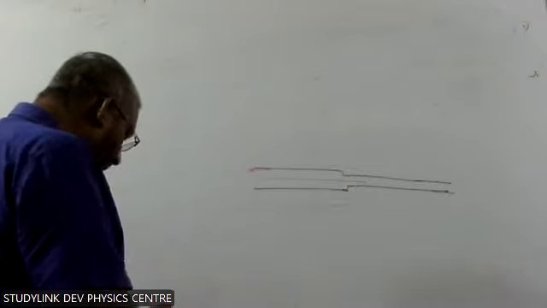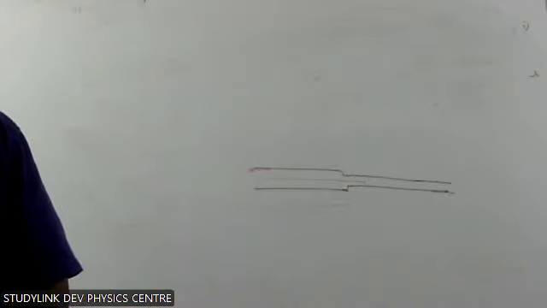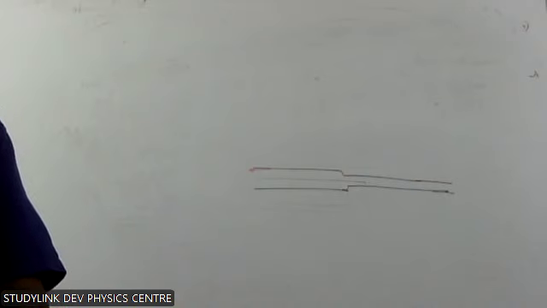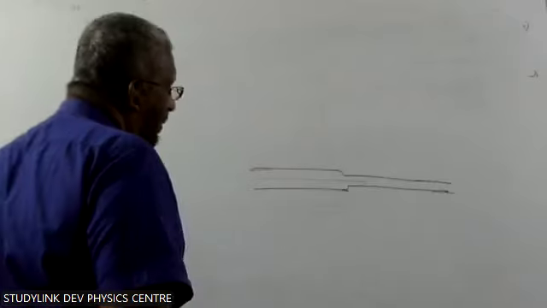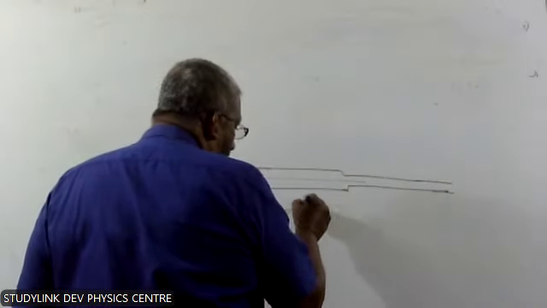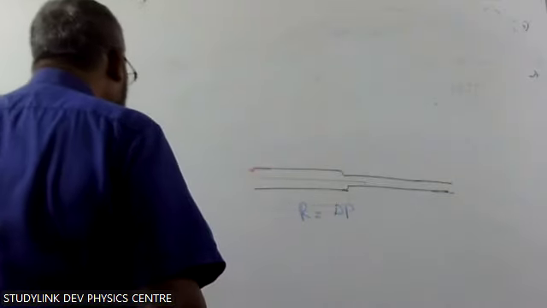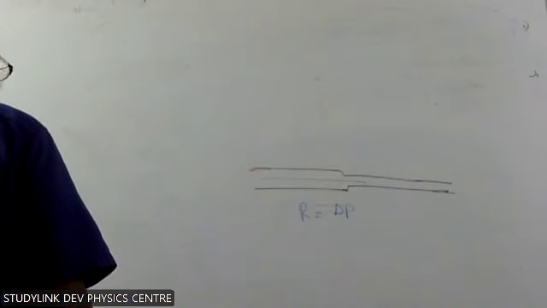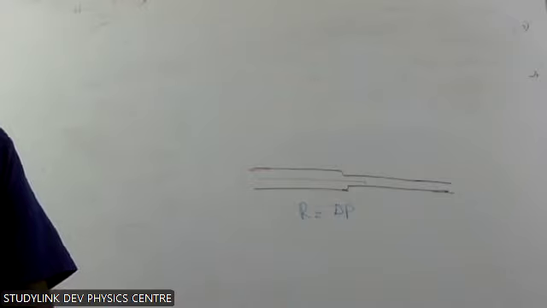Then that can be given as R is equal to pressure difference. Then force is normally force divided by area is the normal one.